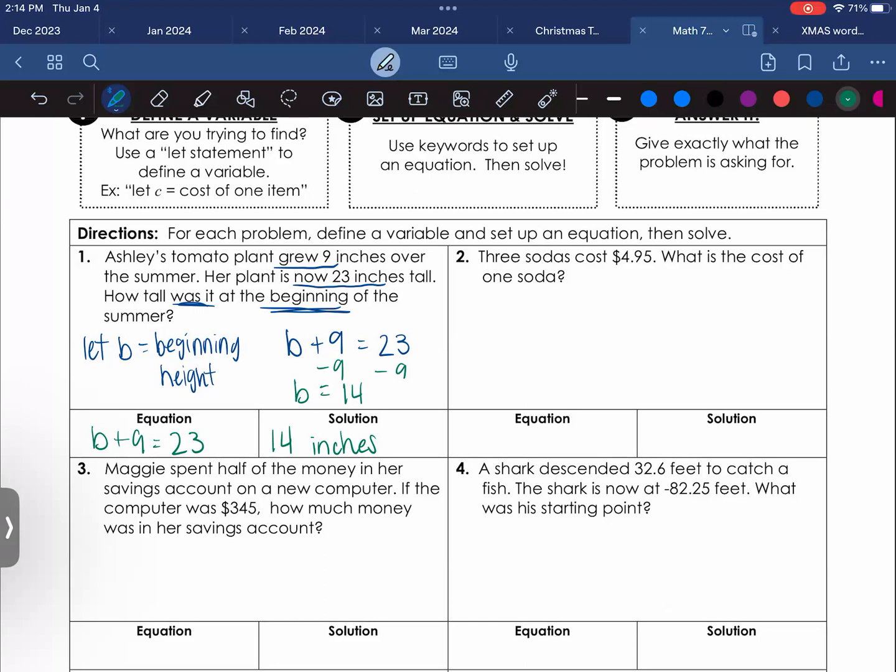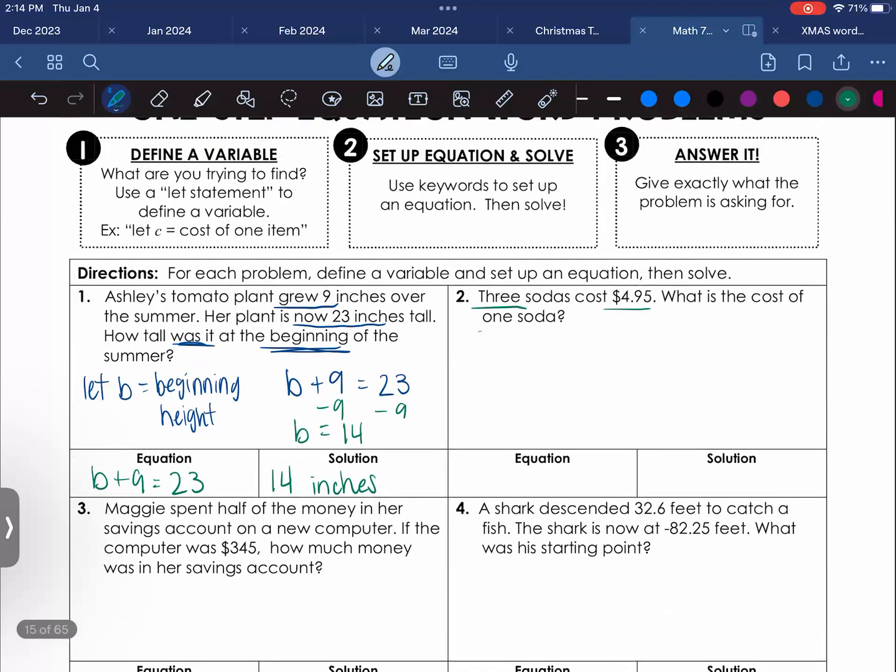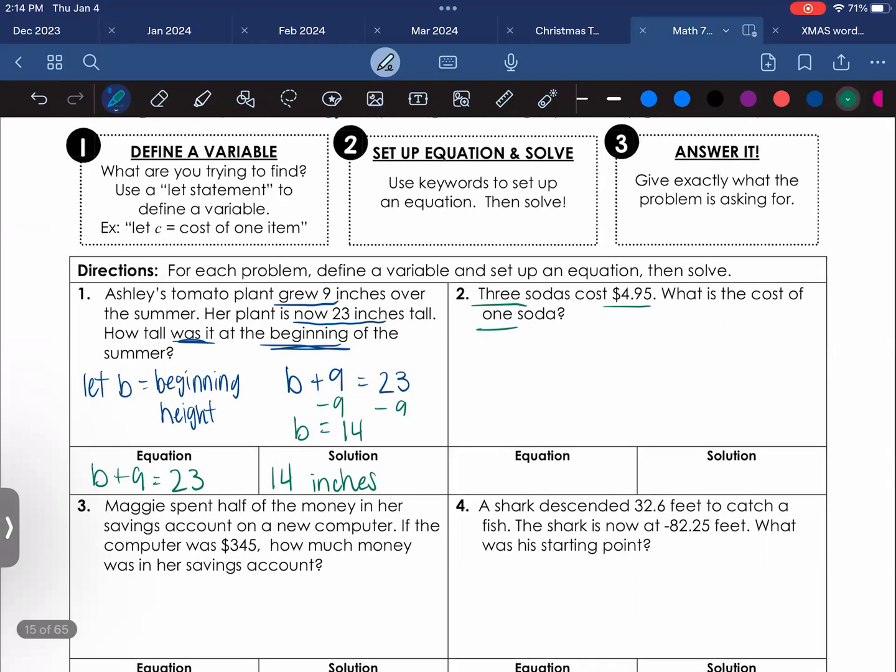All right, number 2. We have 3 sodas, cost $4.95. What is the cost of one soda? One soda. So I'm going to have S equal soda. All right. So total, it was $4.95 for 3 sodas. So that means when we took our 3 sodas and added them all up, or just 3 times S, we are going to get a total of $4.95.